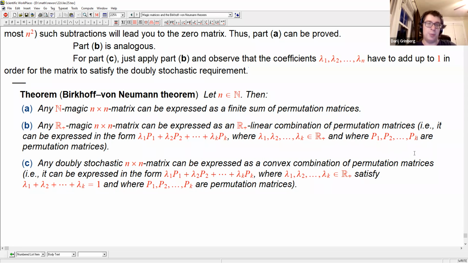So much for the Birkhoff-von Neumann theorem. The proper theory of which this result is part is called linear optimization, or the theory of polytopes. But it's also relevant for the theory of inequalities, in particular for majorization theory.